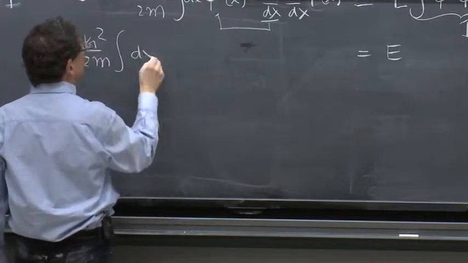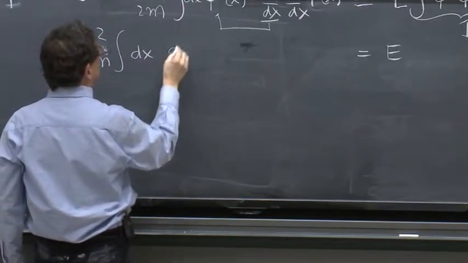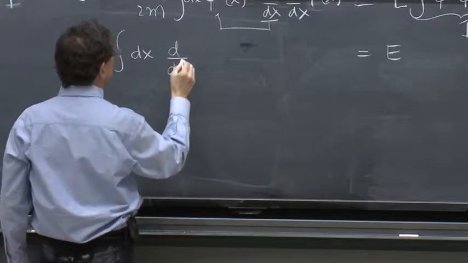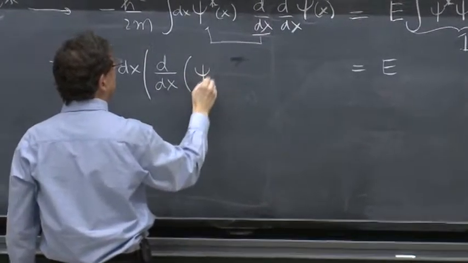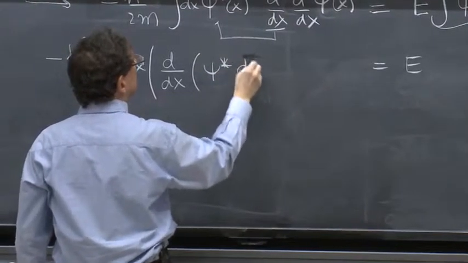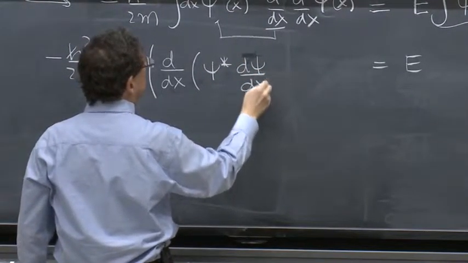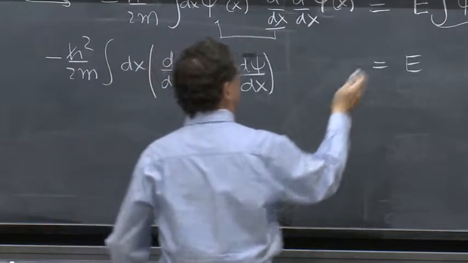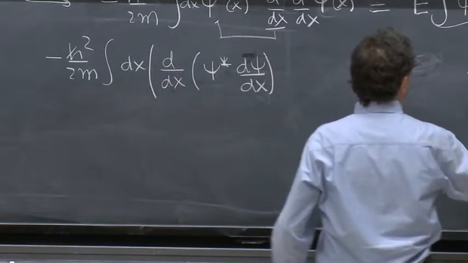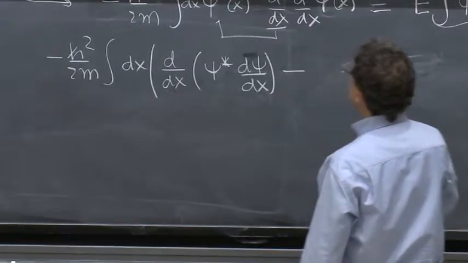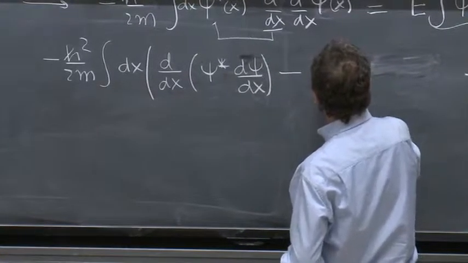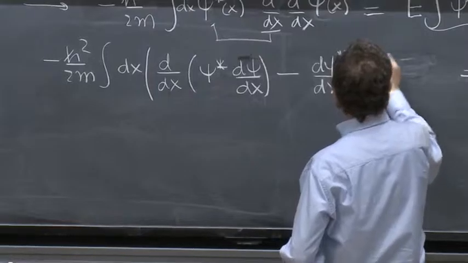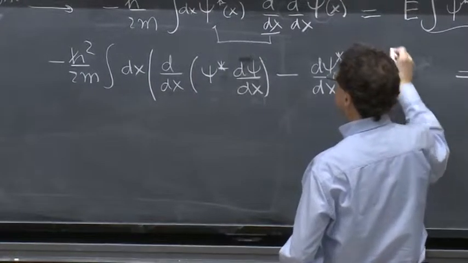You can put d dx. This is equal to d dx of psi star d psi dx minus d psi star dx d psi dx.